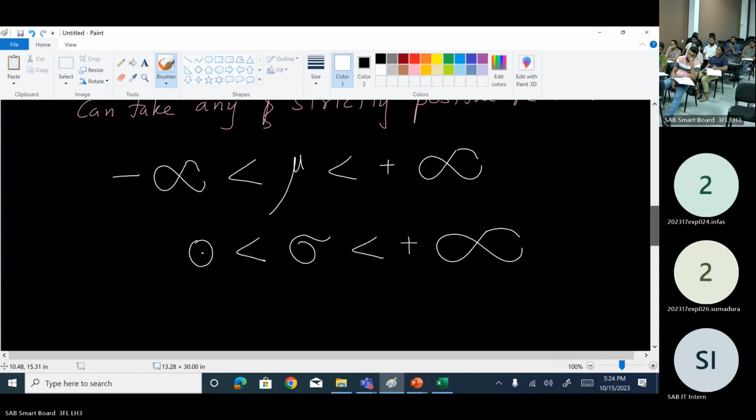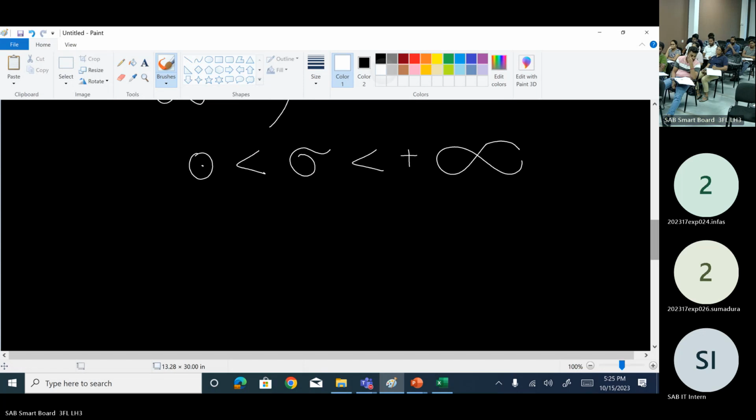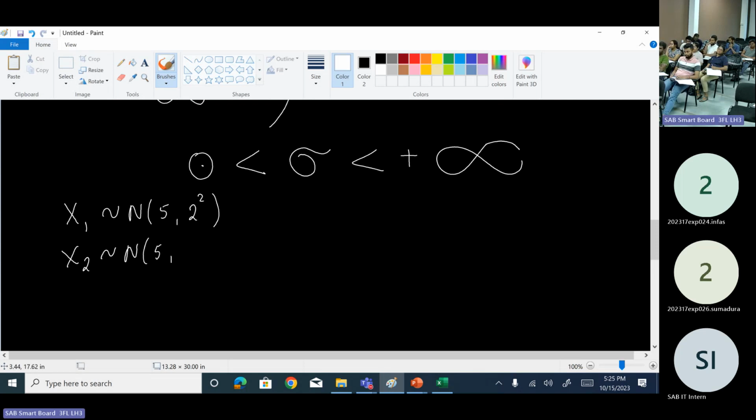Now imagine I have a variable X1, normal, mean is 5, standard deviation is 2. Mu is 5, possible; standard deviation 2, possible. I have another variable, mean is 5, standard deviation is 2.1.